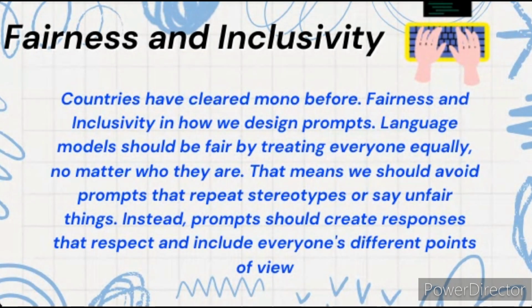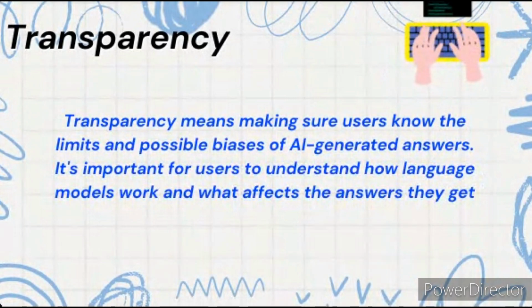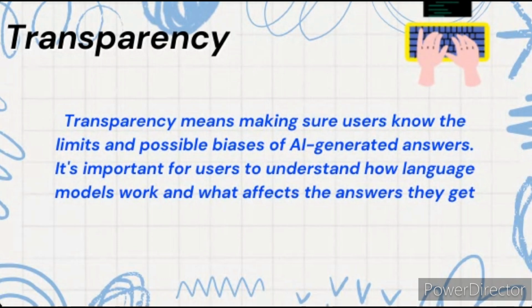Now, moving on to transparency. Finally, let's talk about transparency in how the prompts are made and what AI models can do. Transparency means making sure users know the limits and possible biases of AI-generated answers.